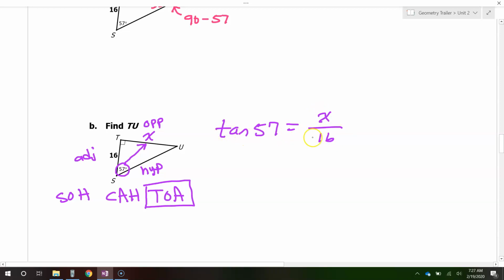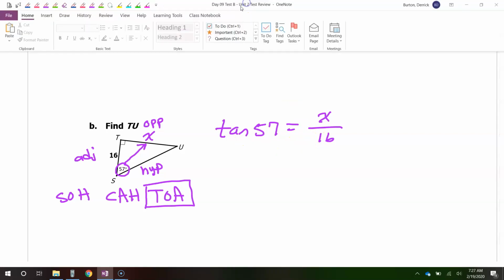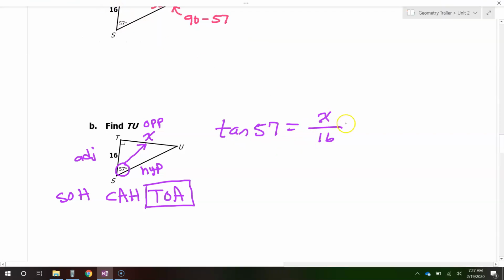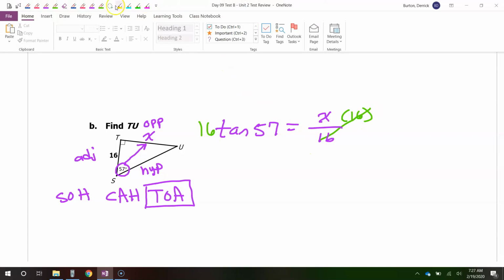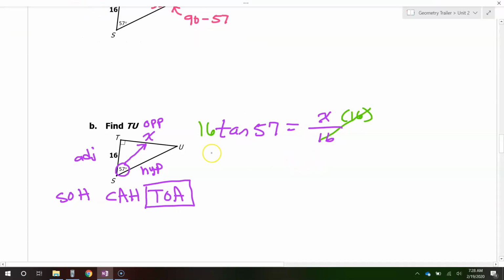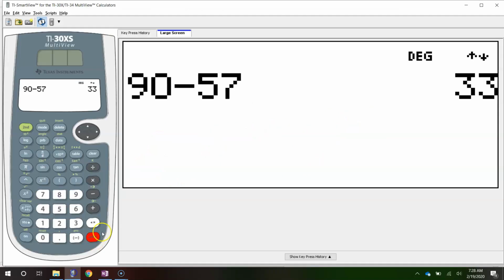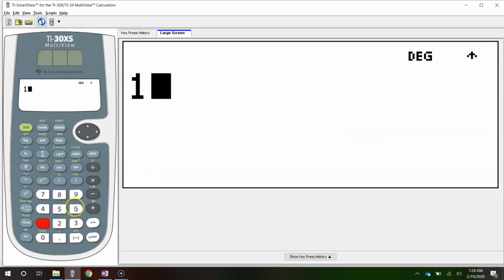Do we multiply, swap, or inverse? When the variable is in the numerator, this is when we multiply. So we will multiply both sides by 16. That way these will cancel each other out and leave x by itself. So 16 tangent 57 is something we can put in the calculator.